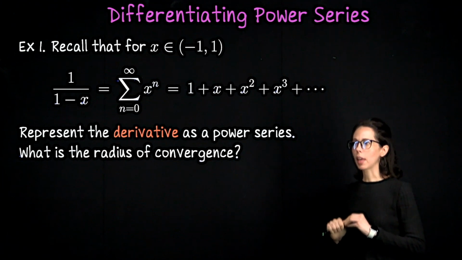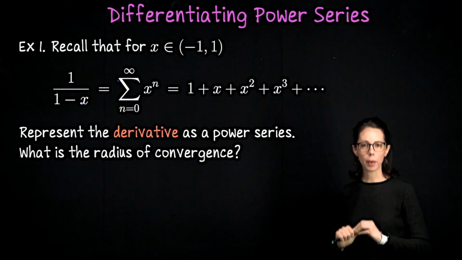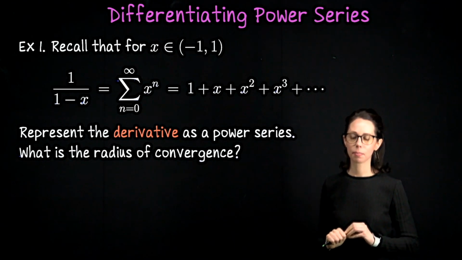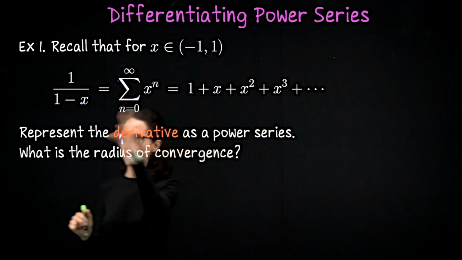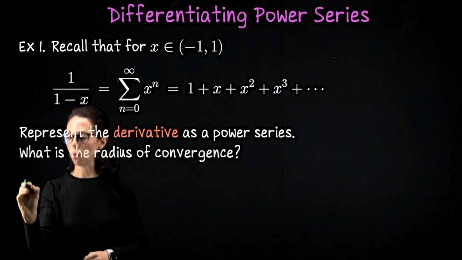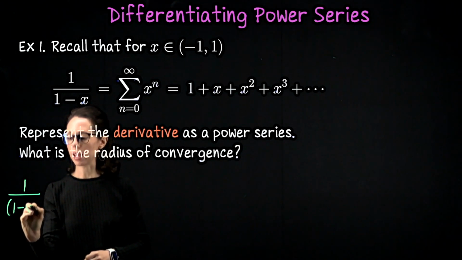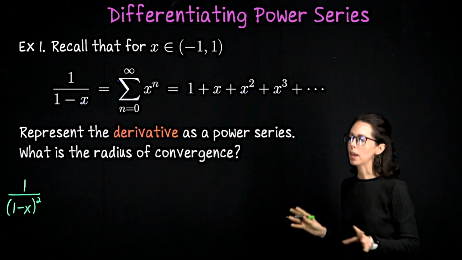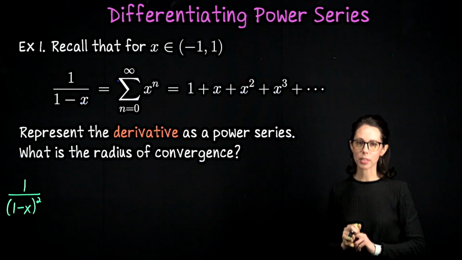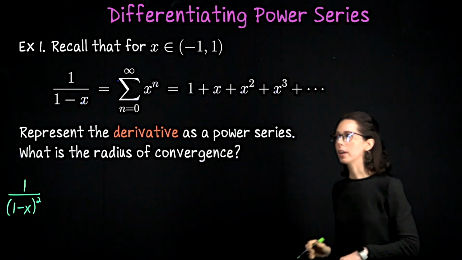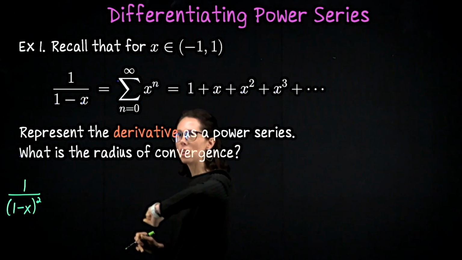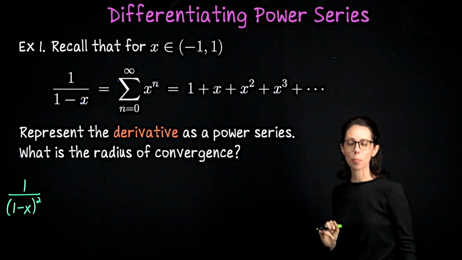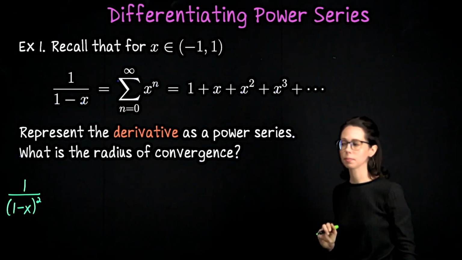The function that we would like to represent with its own power series is the derivative of 1 over 1 minus x. That derivative you can work out with chain rule and things like that is 1 over 1 minus x squared. So this is a new function that we have never written down a power series representation for. However, it's the derivative of this. So let's go through and term by term differentiate the power series representation for 1 over 1 minus x.